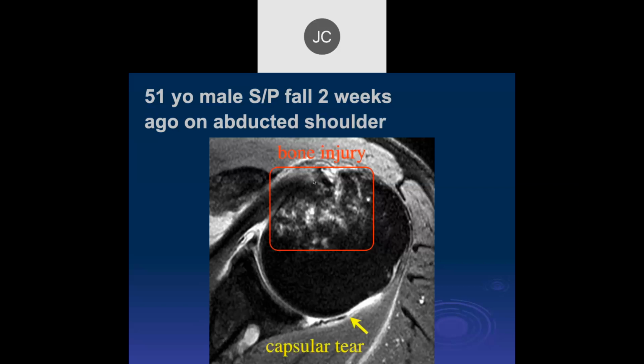What's happening here? We see some laxity of the posterior capsule, so a capsular tear. That's probably some extension of the hemarthrosis into the adjacent soft tissues, between probably the teres minor muscle and maybe the inferior part of the infraspinatus and the posterior deltoid.